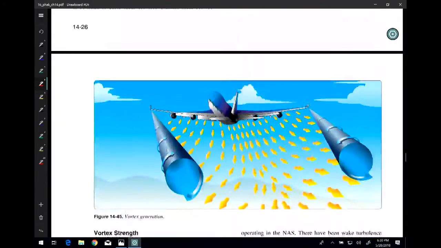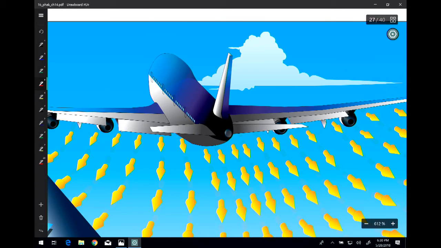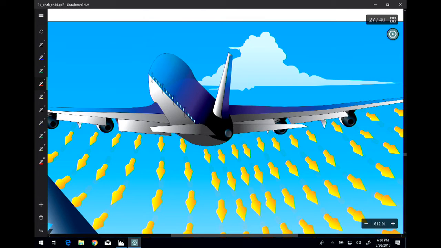What exactly are wingtip vortices? Well, here's what happens, and I'm going to try to draw this on this airplane here. When the airflow begins to flow over the top of a wing, one of the things that happens is that air moves not just over the top, but it moves toward the fuselage of that aircraft.